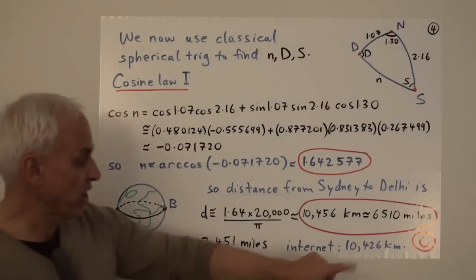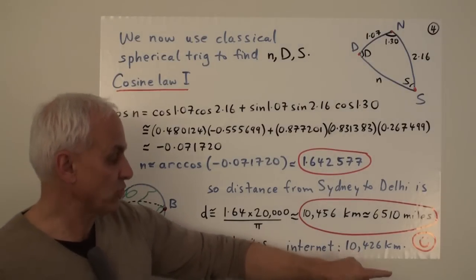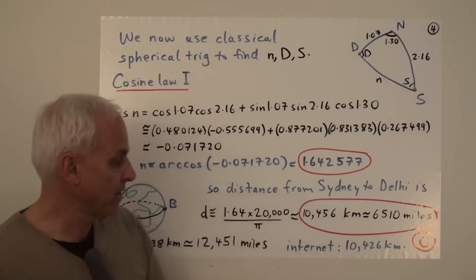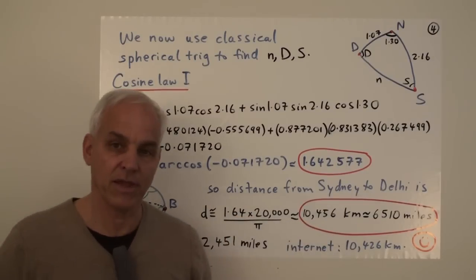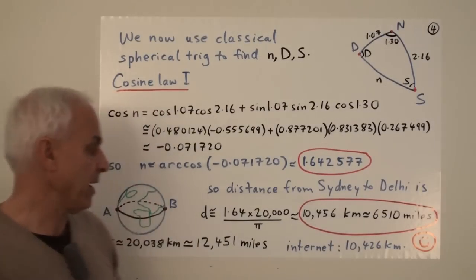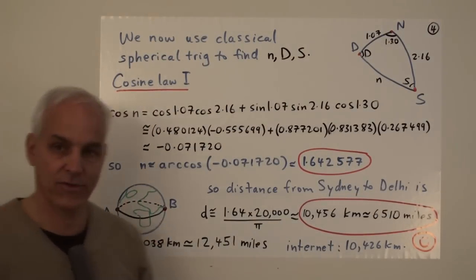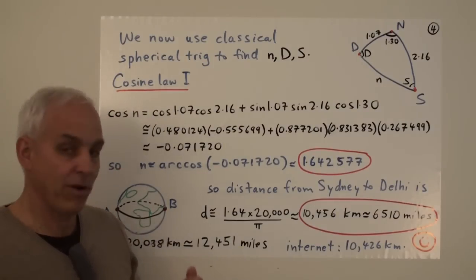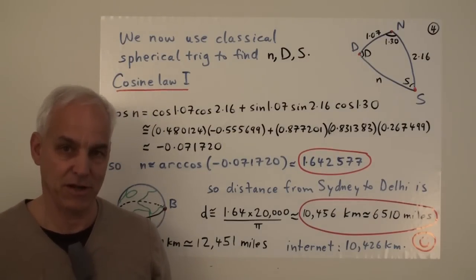And on the internet, I just checked that the actual distance is 10,426 kilometers. So we've done pretty well, considering that we haven't been too fussy about accuracy, and we just started out with rough coordinates. All right, so very powerful computation that we've just done here.